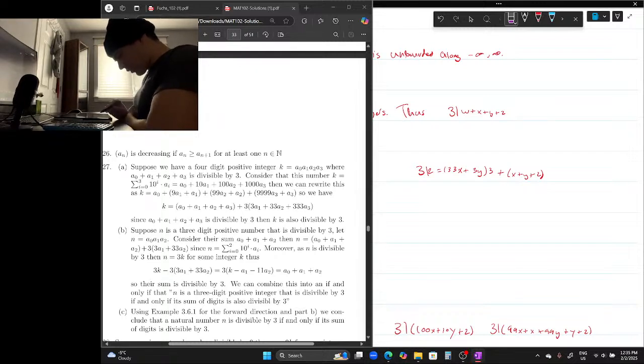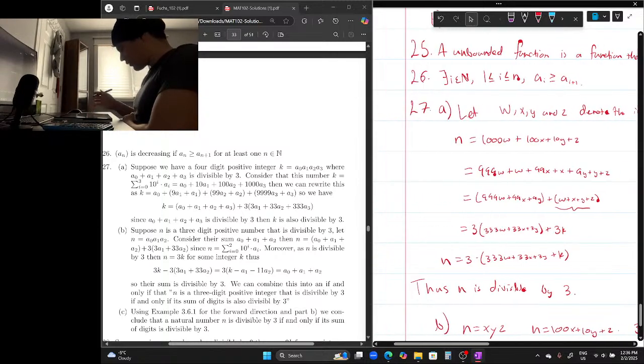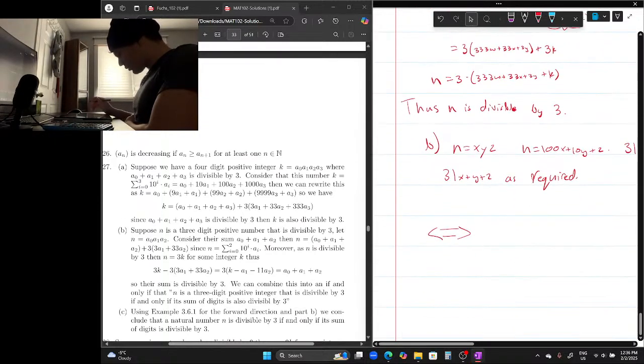Okay, you factor the 3. So it doesn't make sense. They factored a 3, but there's already a 3 there. Okay, anyways, it'll have to be divisible by 3.